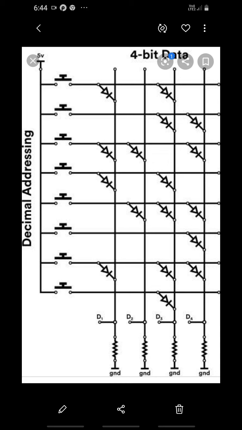All other diodes are off. This means that a high output appears at D1 and D3.